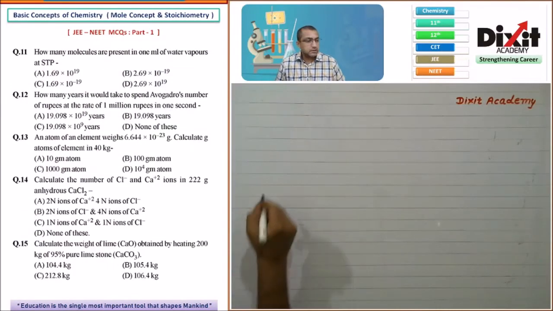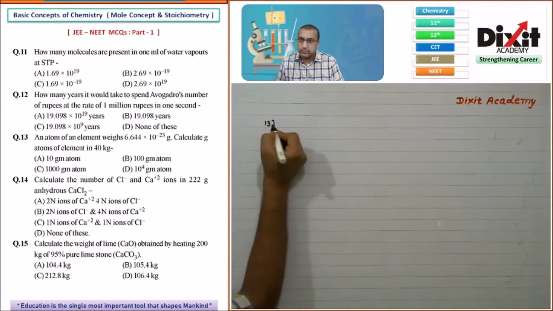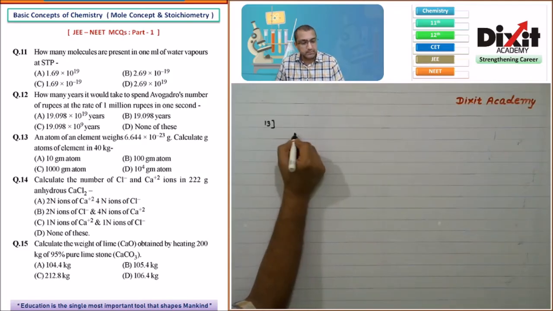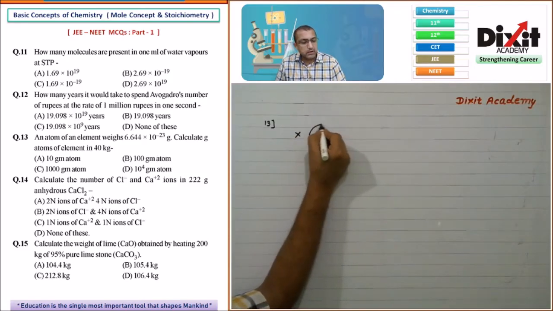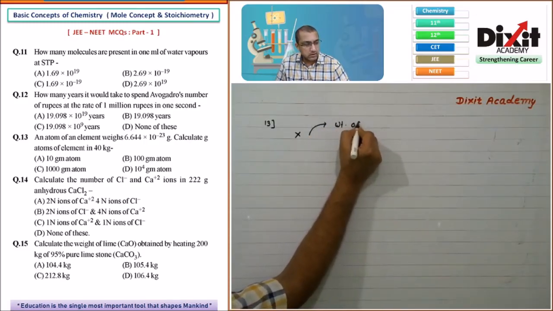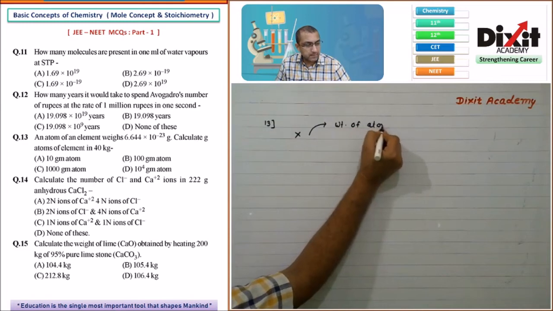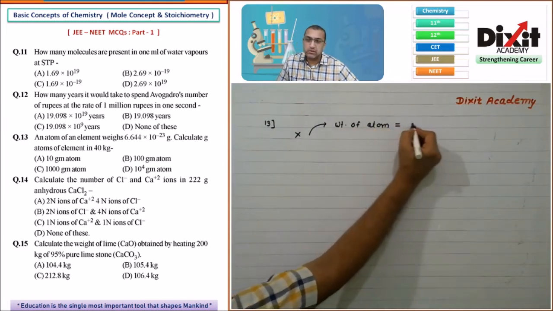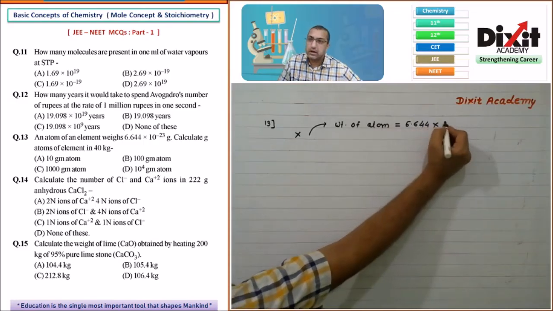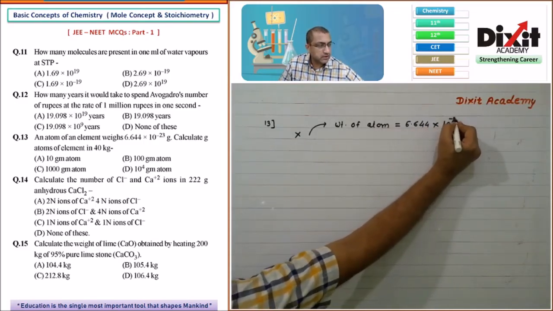Question number 13. An atom of an element weighs 6.644 into 10 raised to minus 23 grams. Calculate gram atom of an element in 40 kg. Let the element be X. Now what is given? Weight of atom is equal to 6.644 into 10 raised to minus 23 grams.